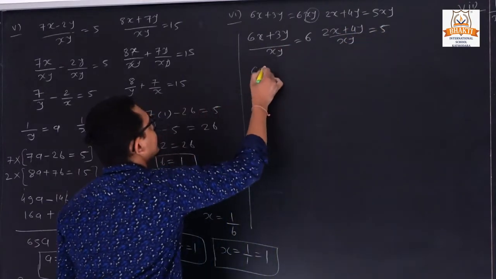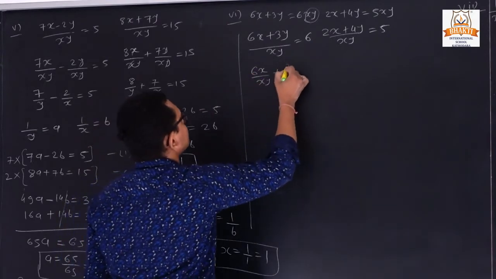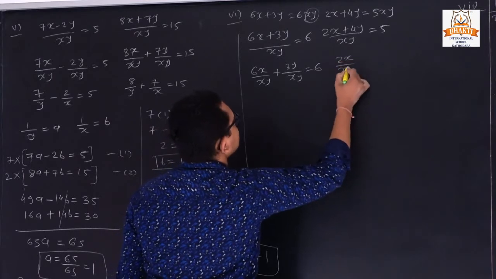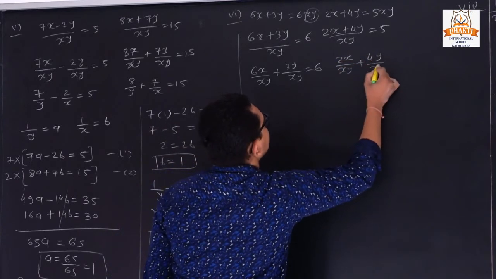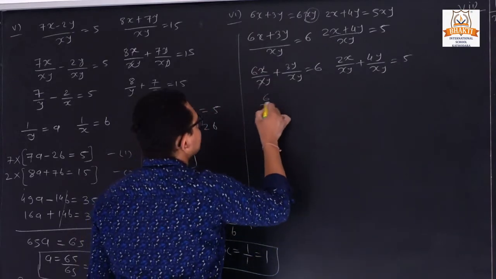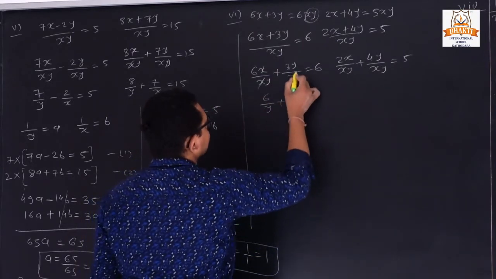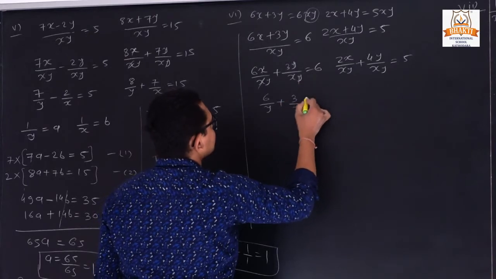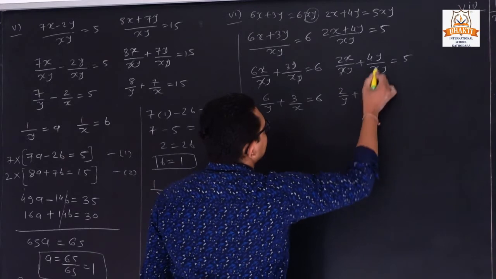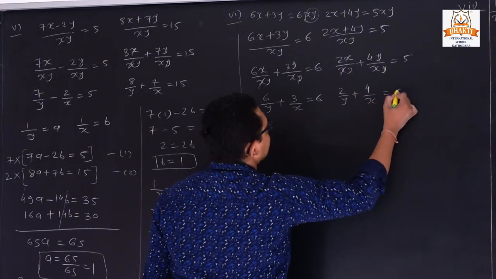So 6x upon xy plus 3y upon xy is equal to 6, and 2x upon xy plus 4y upon xy is equal to 5. So x cut, so 6 upon y, and y cut, so 3 upon x is equal to 6, x cut, so 2 upon y plus 4 upon x is equal to 5.